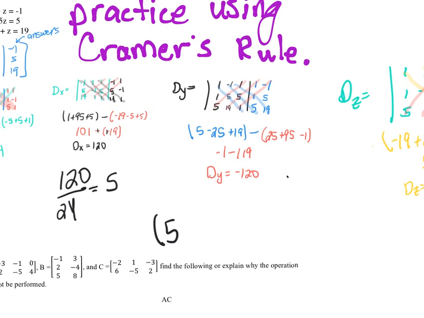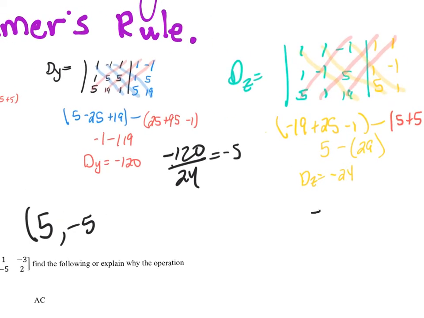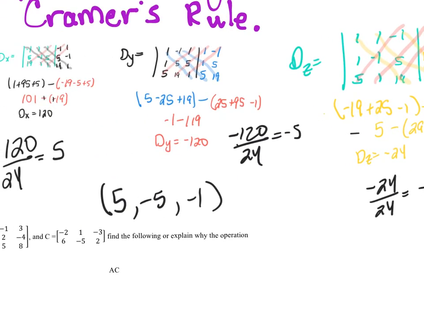Then negative 120 divided by 24, and I get negative 5. And then negative 24 divided by 24 gives me negative 1. So my ordered pair would be x is 5, y is negative 5, and z is negative 1. And you plug it back in and check to make sure that you're right.